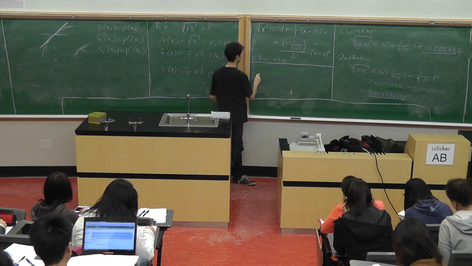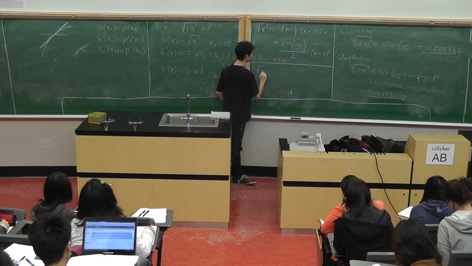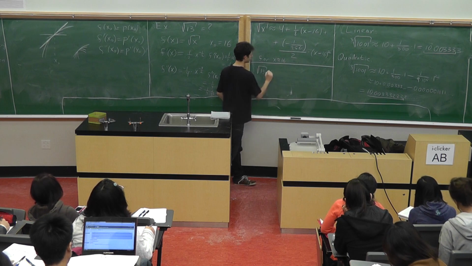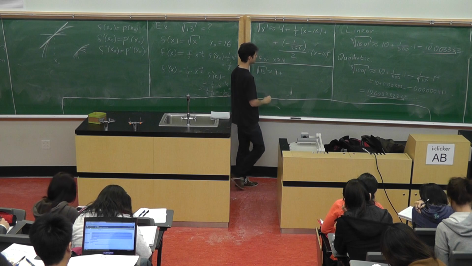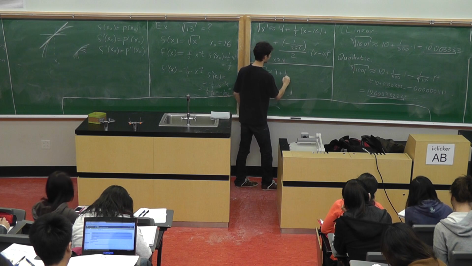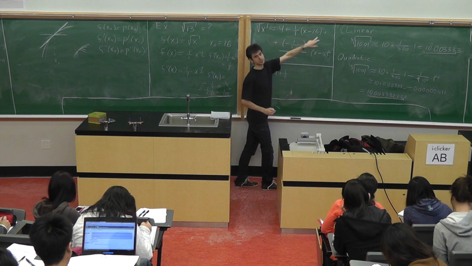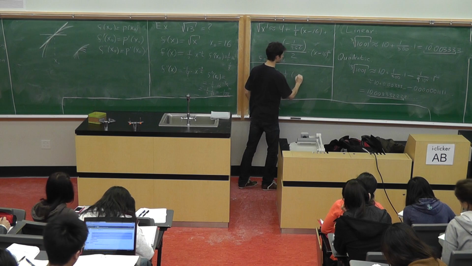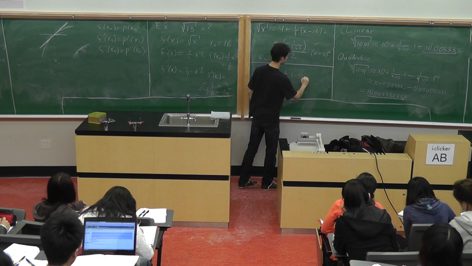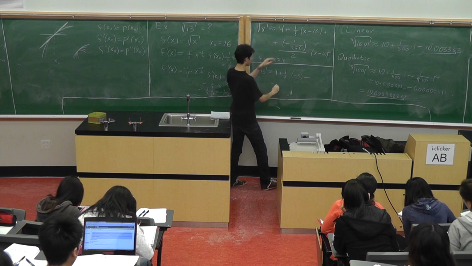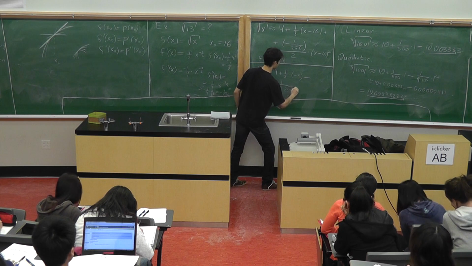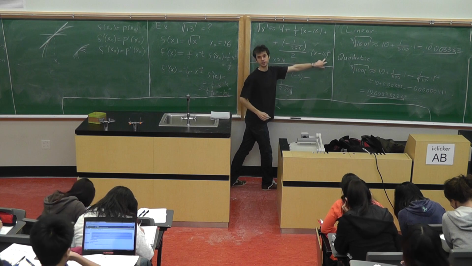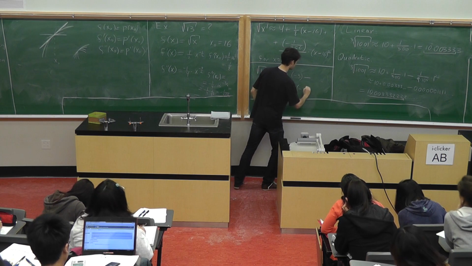Well, let's check. Square root of 13, according to this, is approximately 4 plus 1/8 times 13 minus 16, which is minus 3, minus 1/2 times 256, multiplied by minus 3 squared.